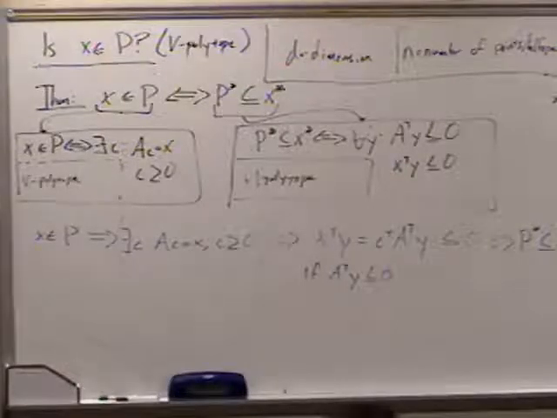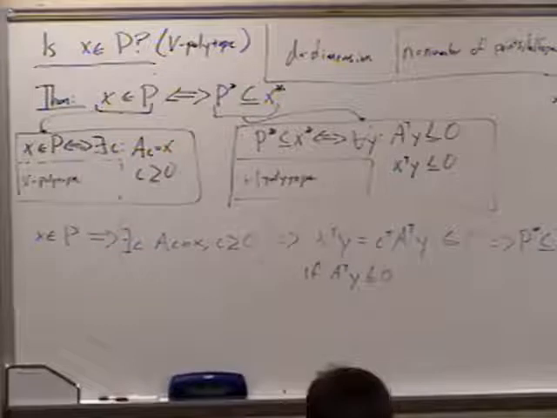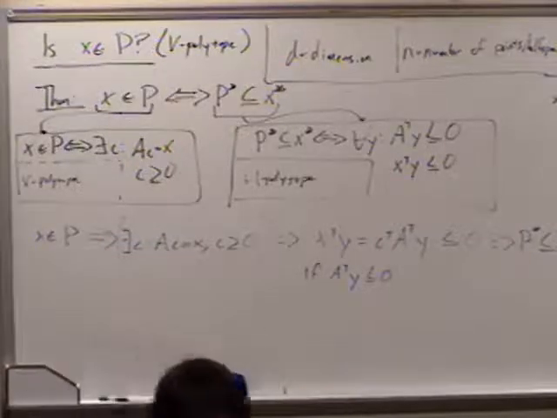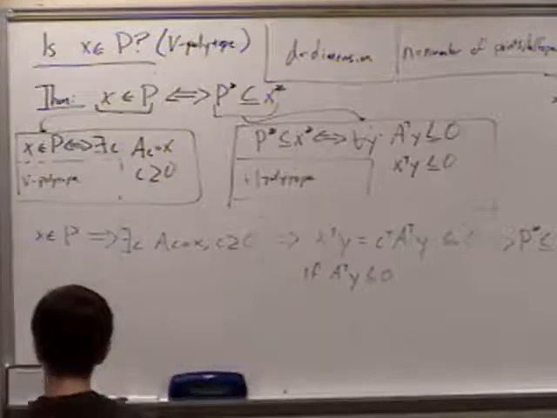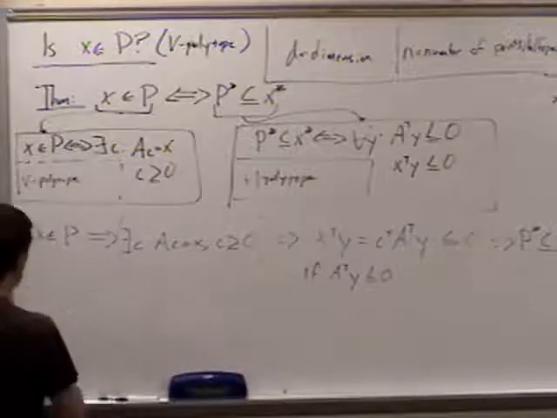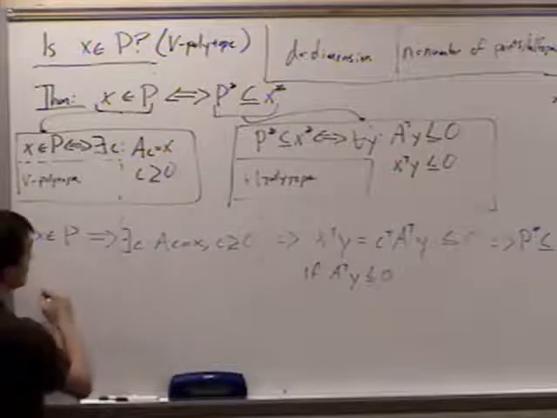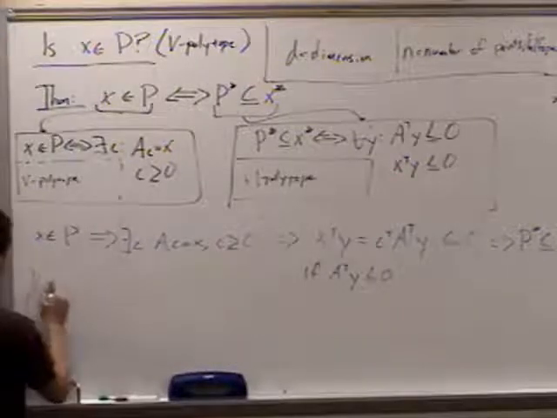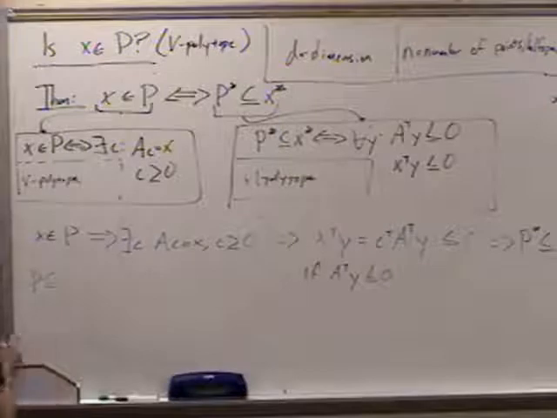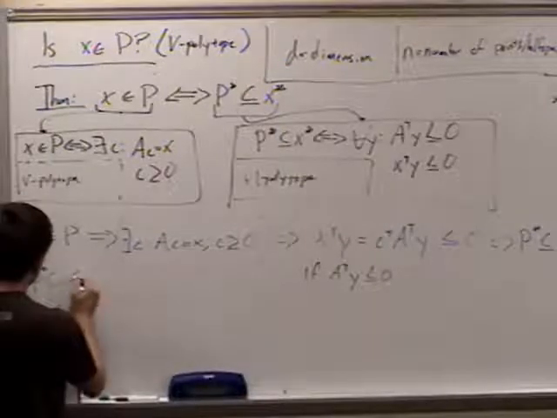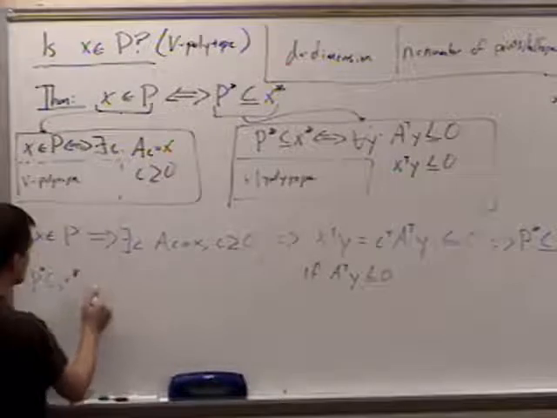Now let's see here. How do we do the other direction? Okay, let's go the opposite way. It's sort of the same type of thing. So now we'll start out from this other version. Suppose P is contained in x star.